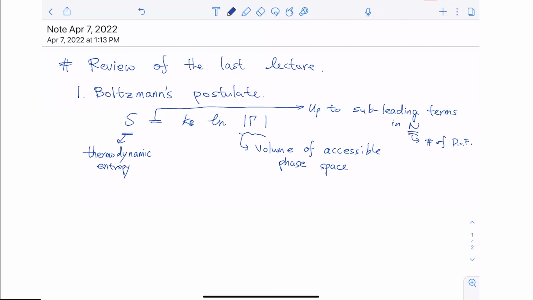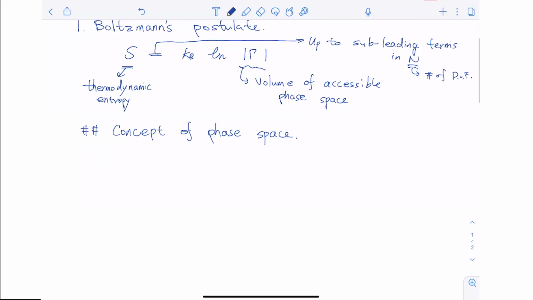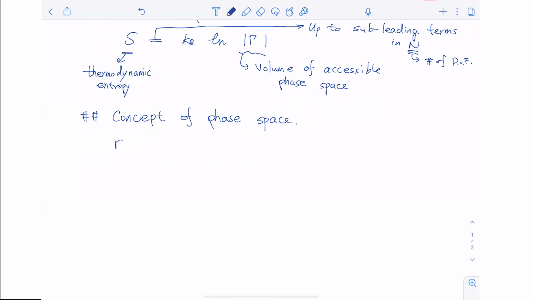Okay. So in order to understand Boltzmann's postulate, we introduced the concept of phase space. And for particle systems, it's quite easy to define.